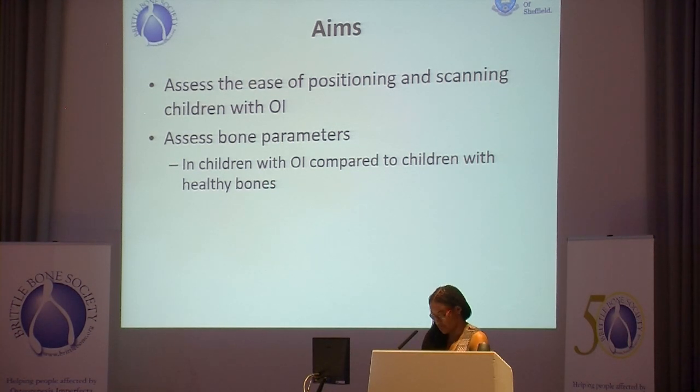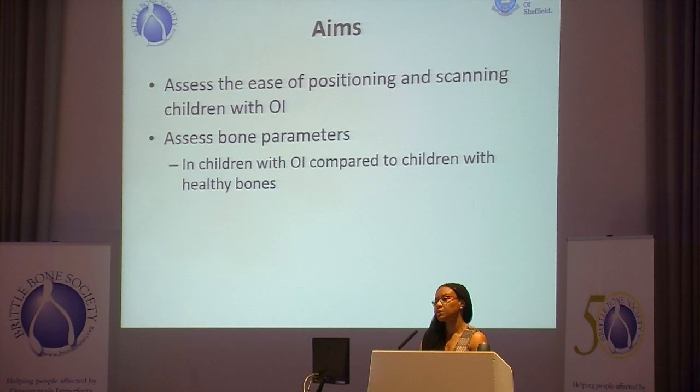Maria Digby, one of our students, was involved in this study where we were looking at the ease of positioning and scanning children with OI with HR-pQCT and using it to assess the bone parameters. It's not straightforward because the machine is at the Northern General Hospital, which is some distance away from Sheffield Children's Hospital, and so transportation and things had to be arranged in between them receiving their pamidronate while they were on the ward.